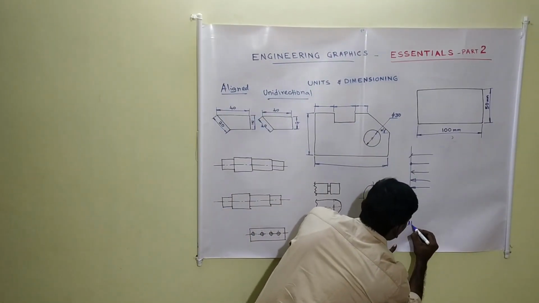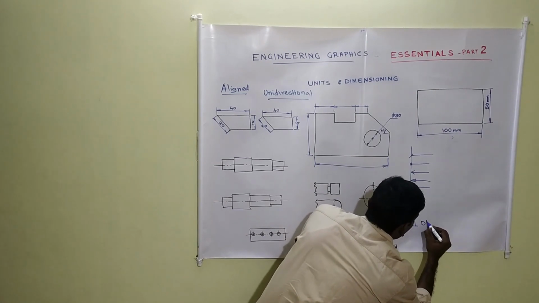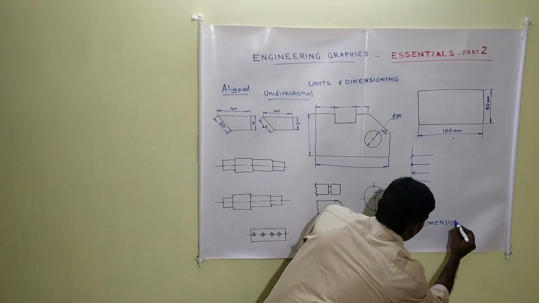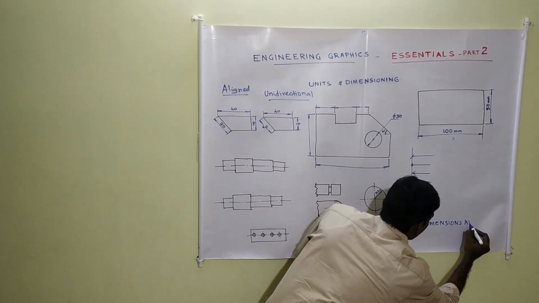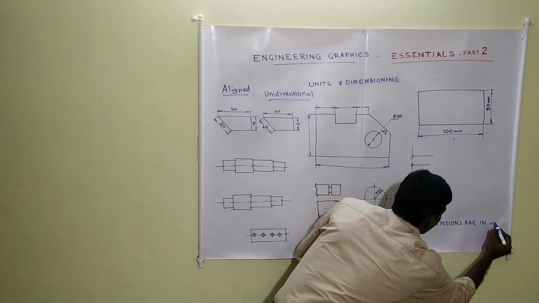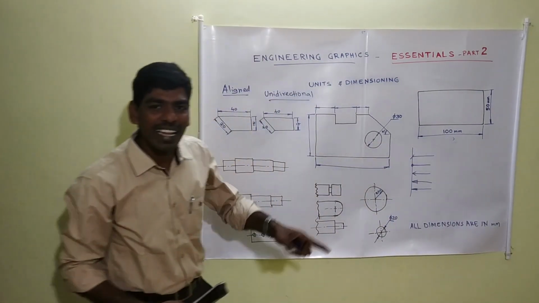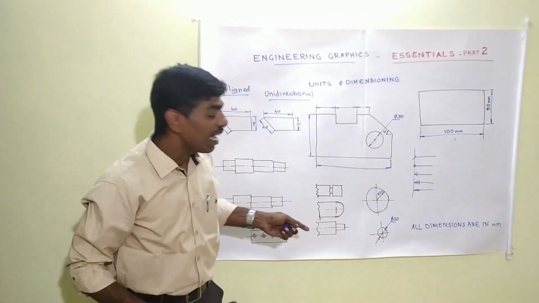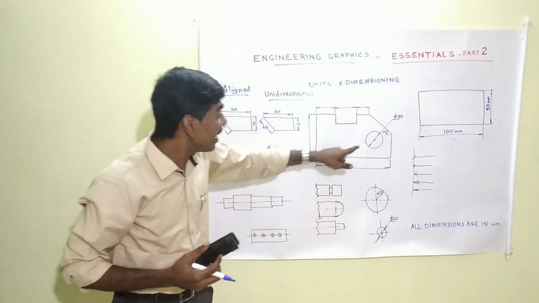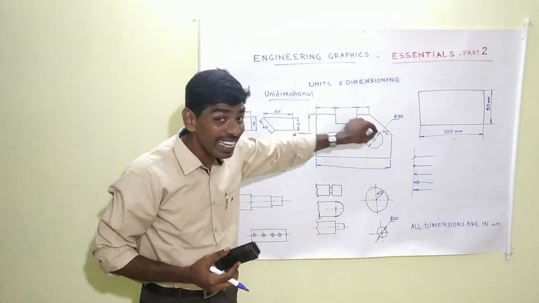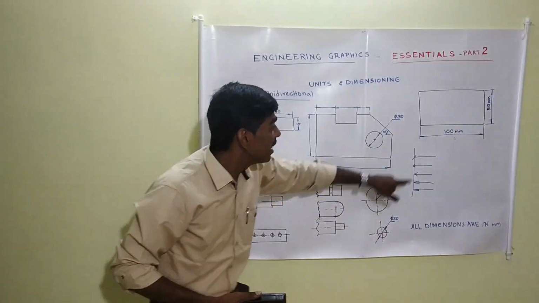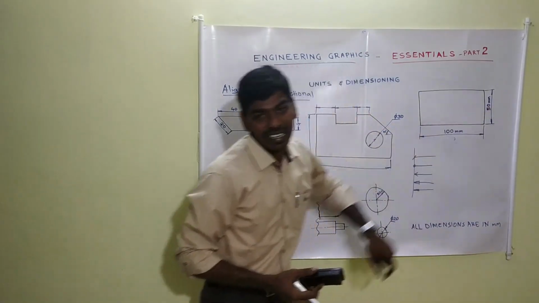All dimensions are in millimeter. That will do. If I just mention this one, unless otherwise specified, I follow millimeter. Here in this case, I have given 45 degree because it's another unit. So if I mention this sentence, there is no need for making millimeter everywhere.